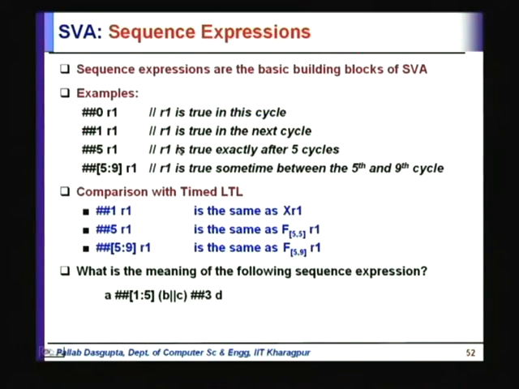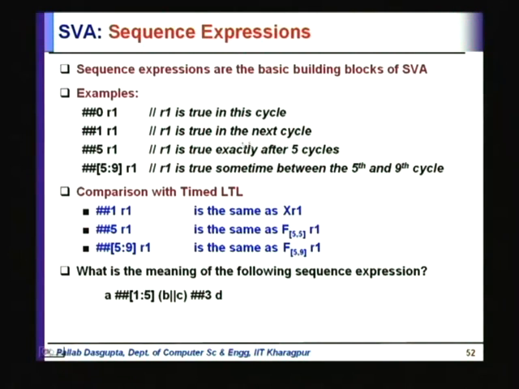So, having seen this whole gamut of how we write the properties and then bind them, let us look into some more details of the SystemVerilog assertion language. Here are some simple examples. We have already seen what #1 R1 means.